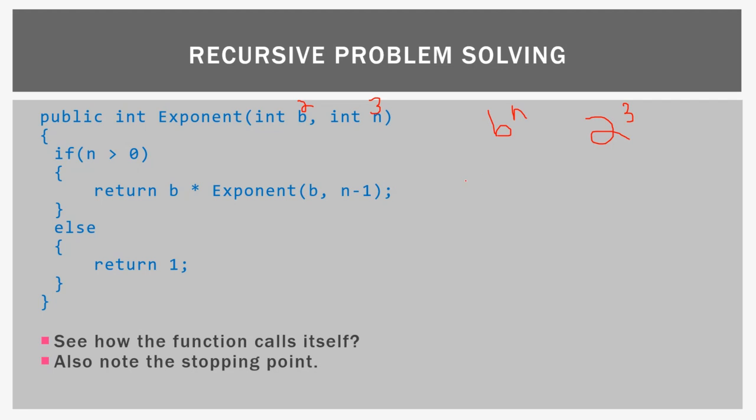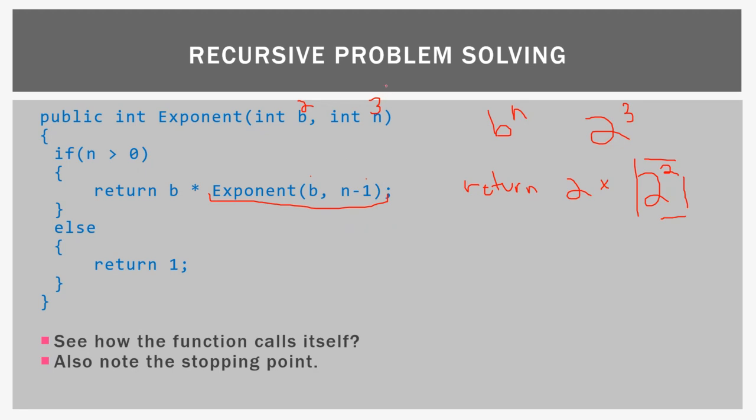So on our first iteration, we're saying return 2 times 2 to the power of 2. But we can't return it yet because we have to solve this first. So we end up calling this function again. But now we're calling it with 2 and 2 because we're trying to solve this piece.